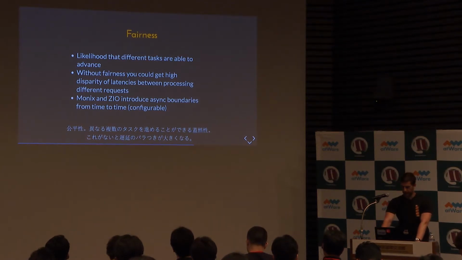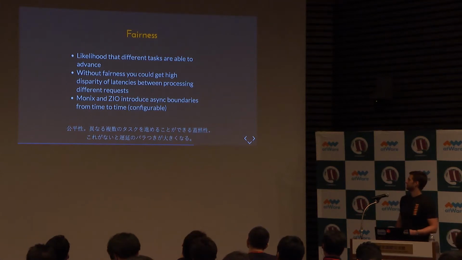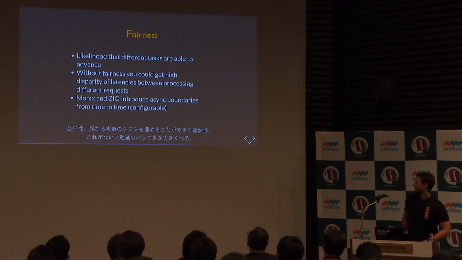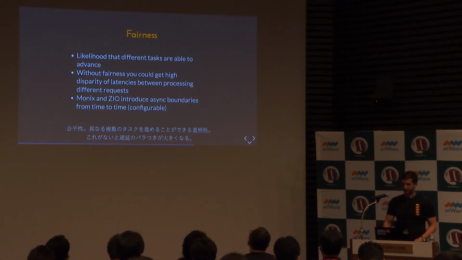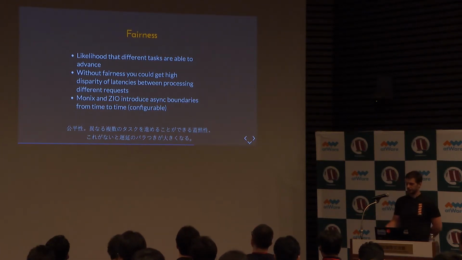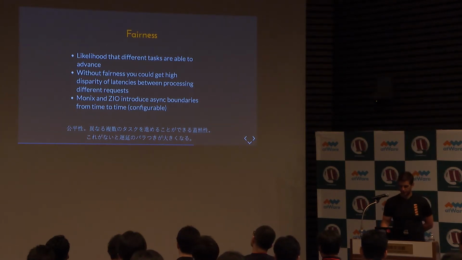It's usually not pretty. And to fight it, even if running everything synchronously can be more performant, it's good to introduce an asynchronous boundary from time to time. For instance, Cats Effect and Monix by default have strategies that introduce this from time to time, say after thousands of flatMaps or so, which is configurable.